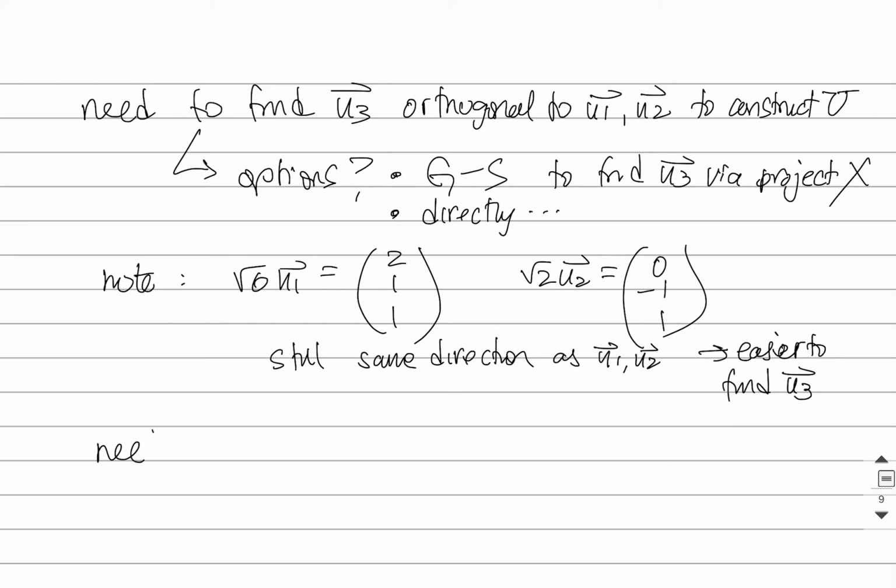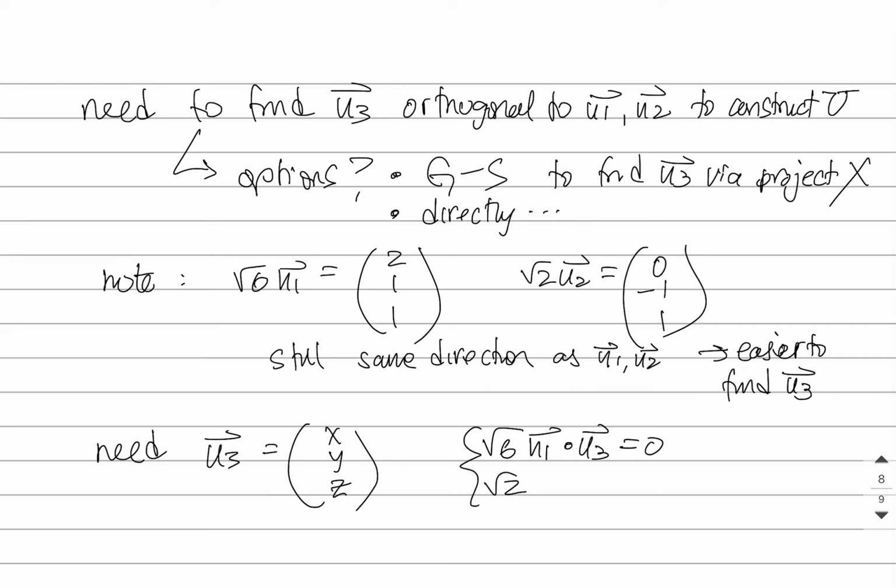So we need some sort of U3. Let's say it's got these components here, x, y, and z. We need that root 6 U1 dotted with U3 is 0. And we also need that this root 2 U2 dotted with U3 is 0.